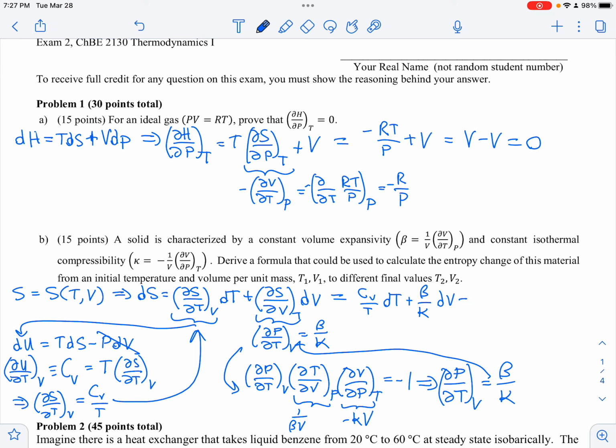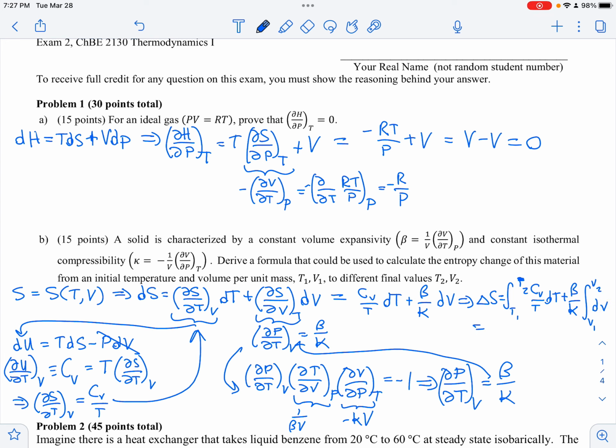And so if I want to know a delta S for a change in temperature and volume, delta S would be the integral from T1 to T2 of CV over T dT plus beta over kappa times the integral from V1 to V2 of dV.